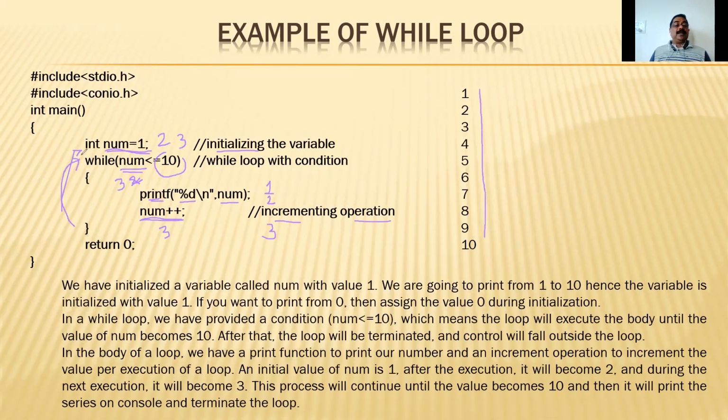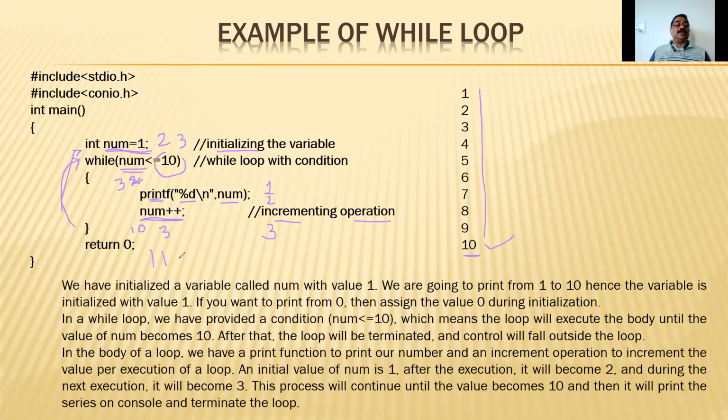This will be incremented every time. At the last, num value will be 10. It will be again tested. The value will be tested. 10 is less than or equal to 10. Again, the 10 will be printed, and then again num will be incremented.